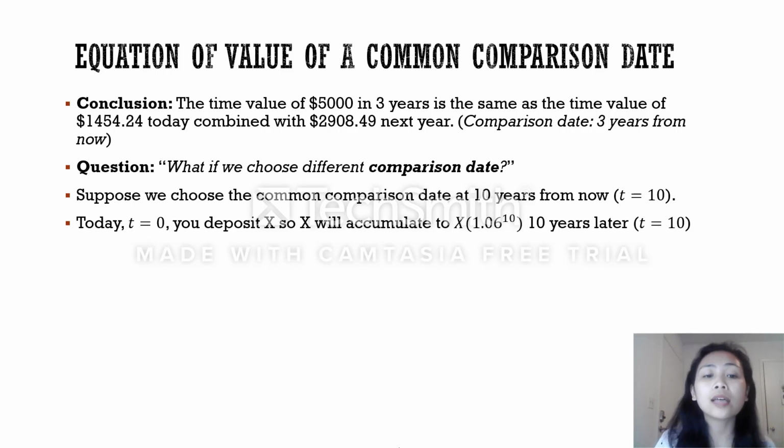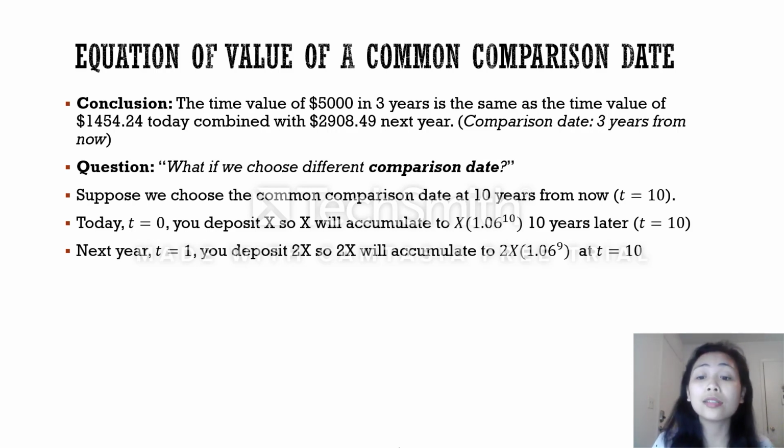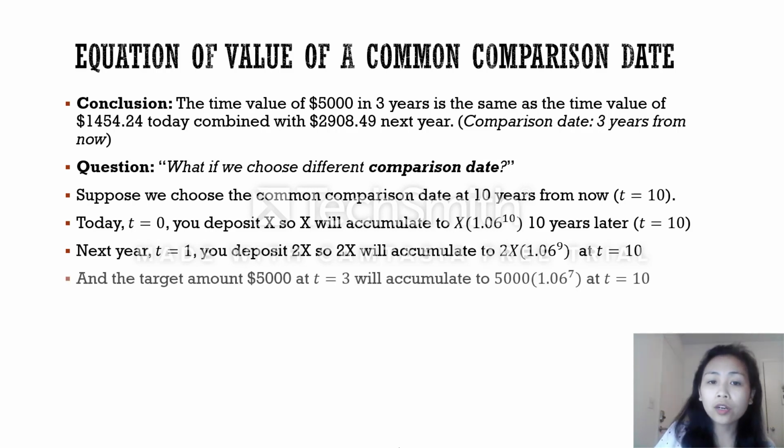The first deposit, x, is deposited at time t equals 0, so 10 years later it will accumulate to x times 1.06 to the 10. The second deposit, 2x, is deposited at time t equals 1. Nine years later, at time t equals 10, that deposit will accumulate to 2x times 1.06 to the 9. And our target is $5,000 at time t equals 3.